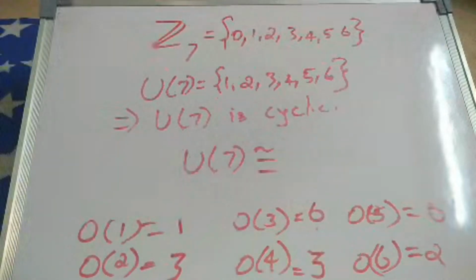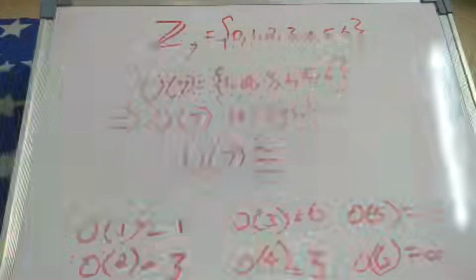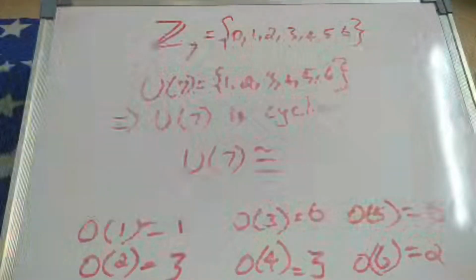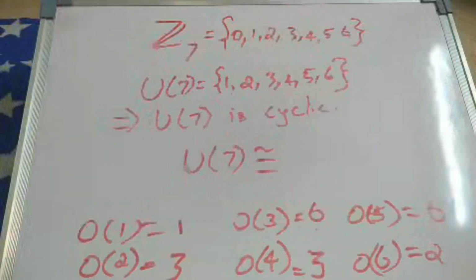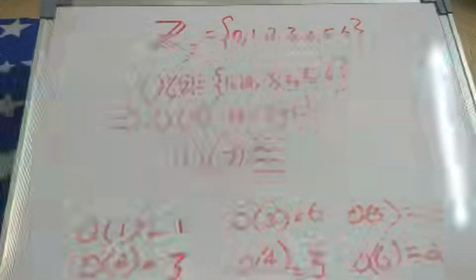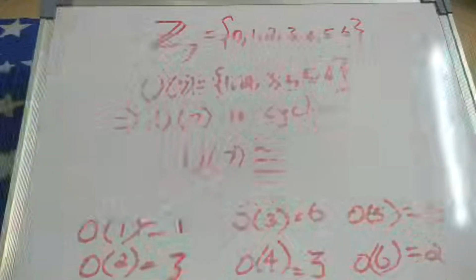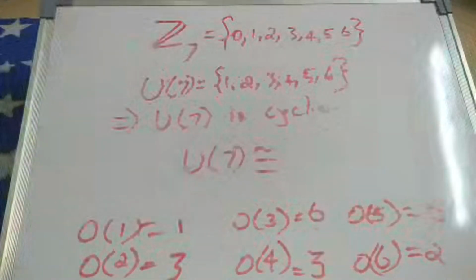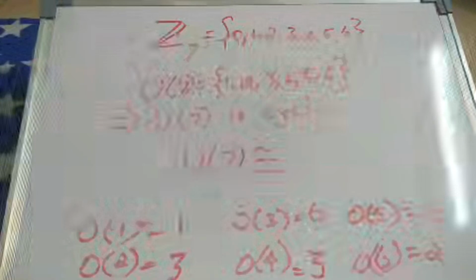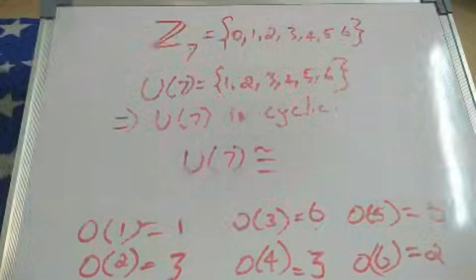Yesterday we saw whenever a group is cyclic and it is of order n, then the group will be isomorphic to Zn. Now here U of 7 is cyclic, and hence it will be isomorphic to. So there is an answer by Karpadam. She says it is Z6.